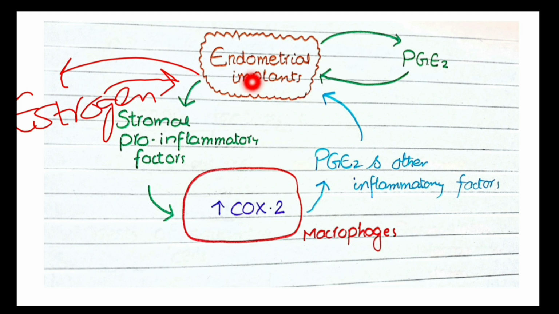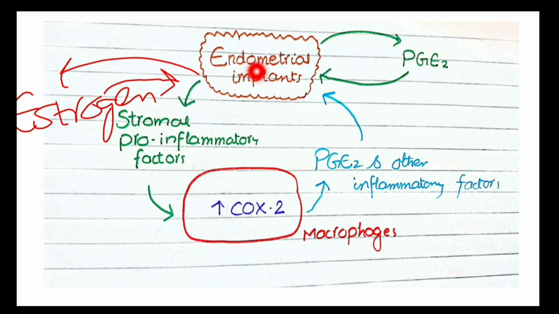So you can say that these endometrial implants interact with macrophages to release pro-inflammatory factors that enhance their survival. Another mechanism is that these endometrial implants themselves release some prostaglandins that help in their survival. The third mechanism is that these endometrial tissues express the enzyme aromatase, which helps in the production of the hormone estrogen.